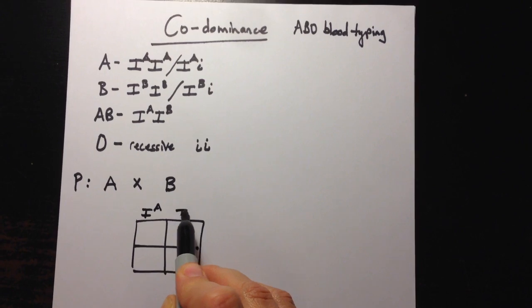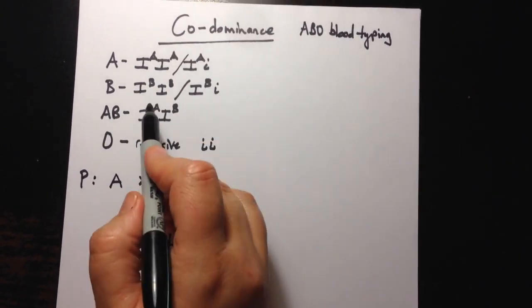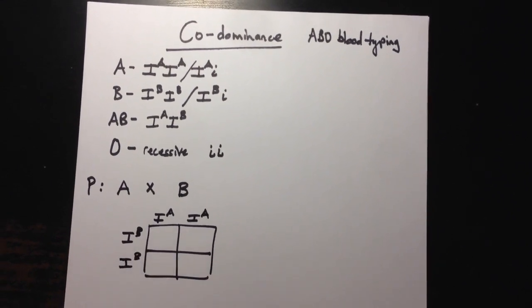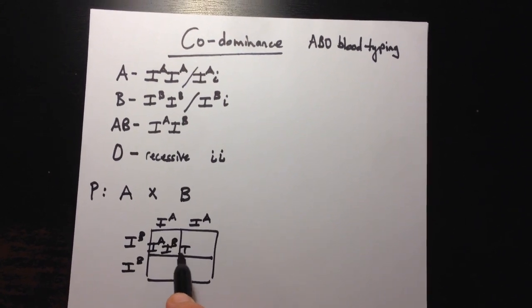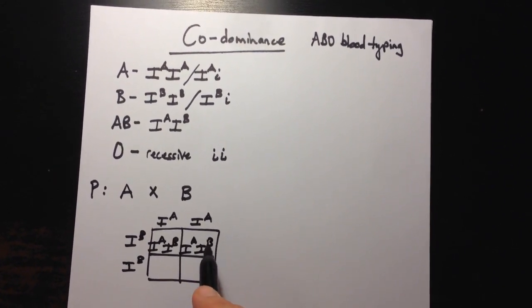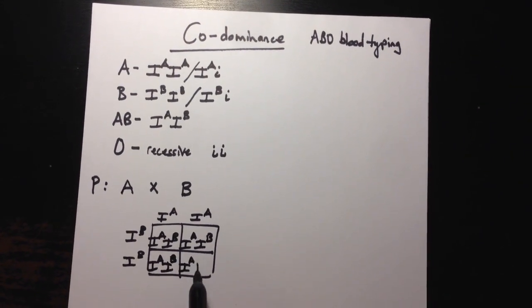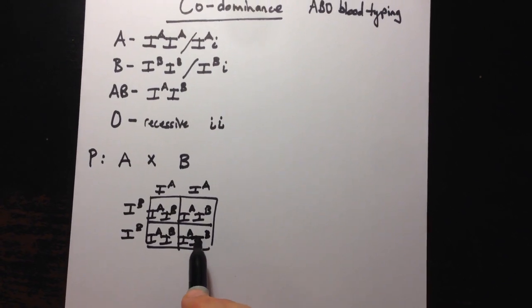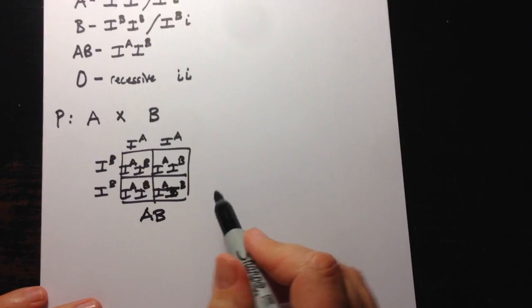So we write that in there for the one parent, and we write the type B blood, which is, say, the homozygous dominant type, in there. If we combine those alleles, just like we learned to do a little monohybrid cross, you'll see that the only possible blood type here that the children can have is AB, type AB. That's all.